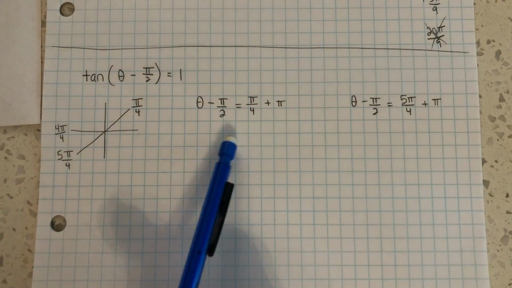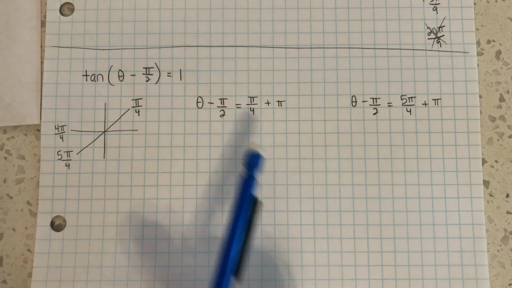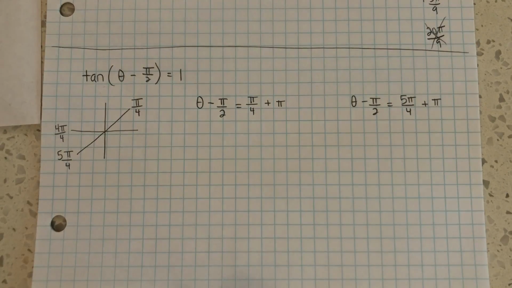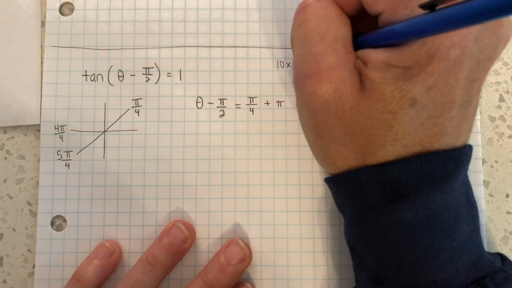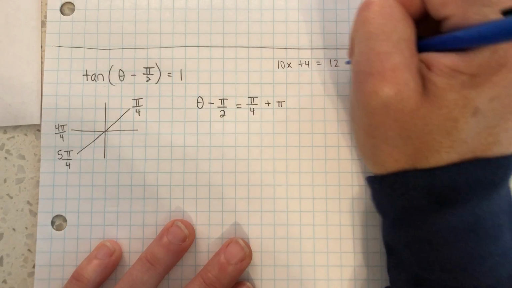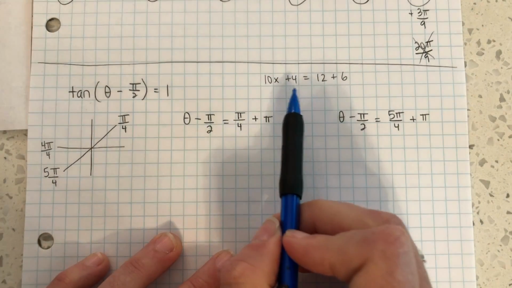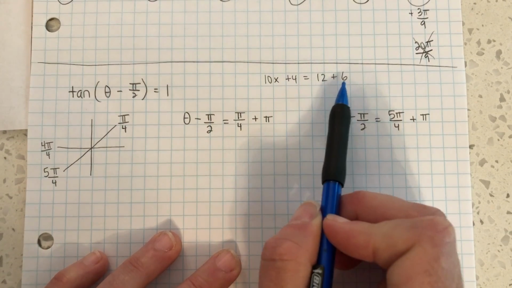Okay, well, we have to solve this for theta. What actual theta makes this true? So all you have to do is add pi over 2 over. Now, if this was an equation, let's say 10x plus 4 equals, let's just pretend it's 12 plus, I don't know, 6, just for whatever reason. If I wanted to solve this for x, well, we definitely would have combined them to make 18, but let's just say you didn't.